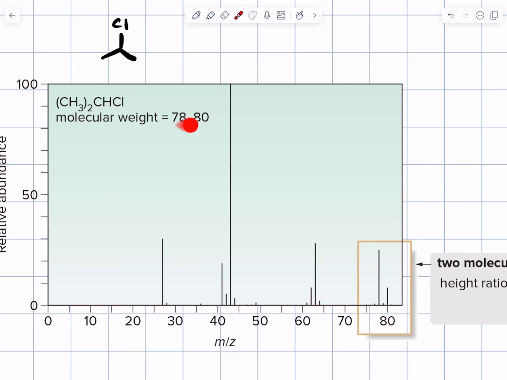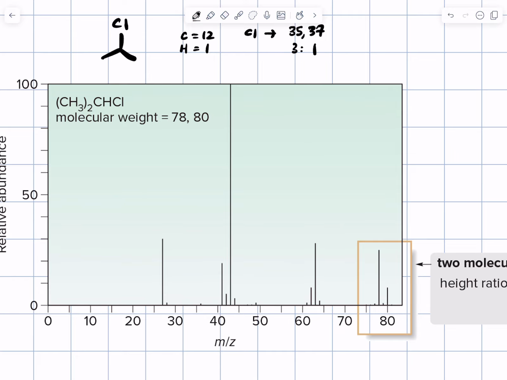And it's telling you it predicts molecular weight of 78 and 80. That's from using carbon has a mass of 12, hydrogen has a mass of 1, and then chlorine has a mass of either 35 or 37. You expect that to be in about a 3 to 1 ratio based on the natural abundance.